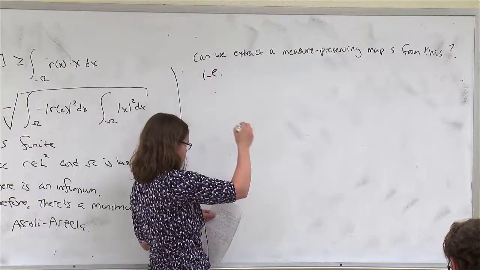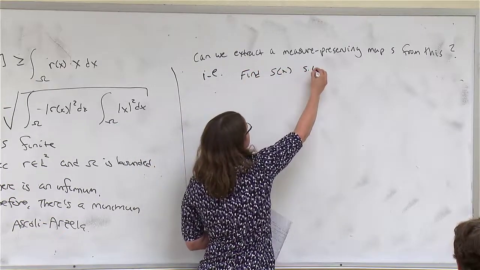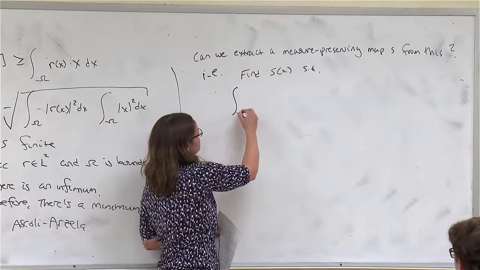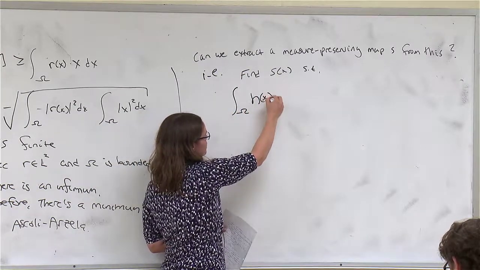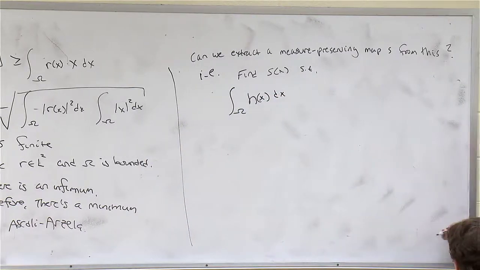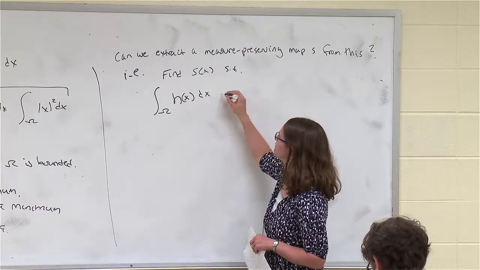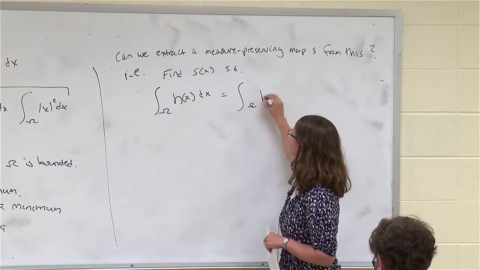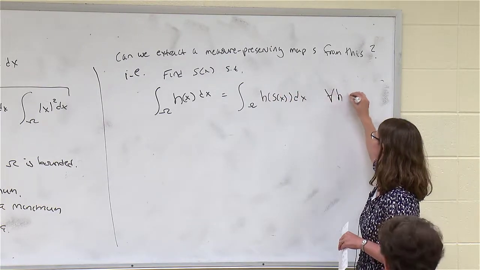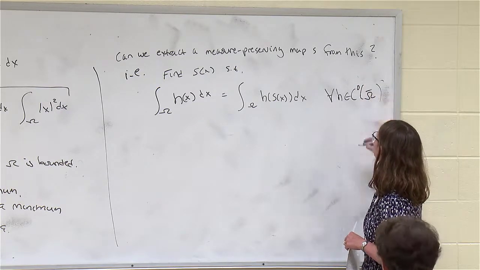We want to find some S such that, with our usual condition that we write down, if I take any function h and integrate it, it should be the same thing as if I integrate h of S of x, for all h that are, say, C0 on, let's say, omega bar.